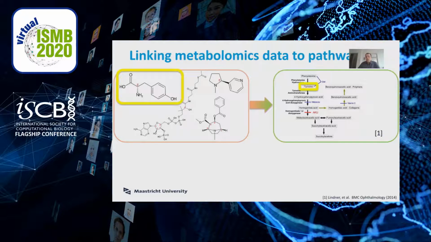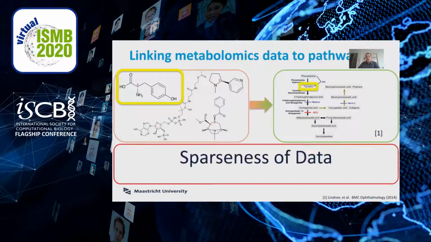But there are also more technical problems. So here we have an overlap in the tyrosine, but generally a sparseness. The sparseness comes from the amount of data, the amount of pathways that we have, but there is another problem, a problem of identifier mapping. Now, depending on the metabolite or lipid database that you use, the stereochemistry may not be defined. Some databases have a lot of detail regarding charge states, have compound classes, and we will see a number of these situations.